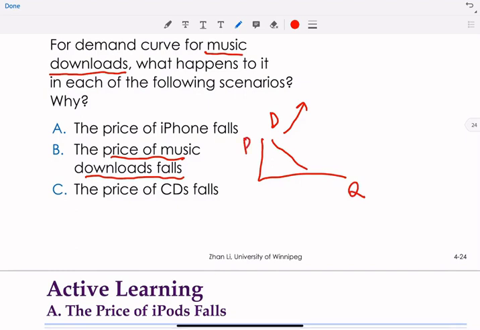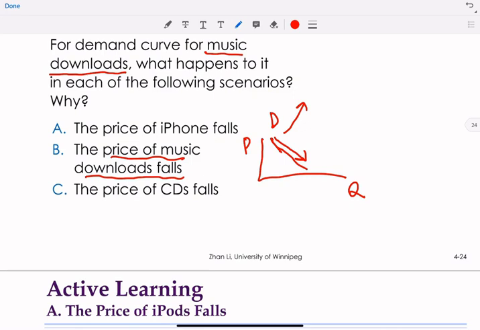To be more specific, if the price of music downloads falls, then quantity demanded for music downloads should what? Should increase, right? So we should observe a movement. That is, we should move along this demand curve.